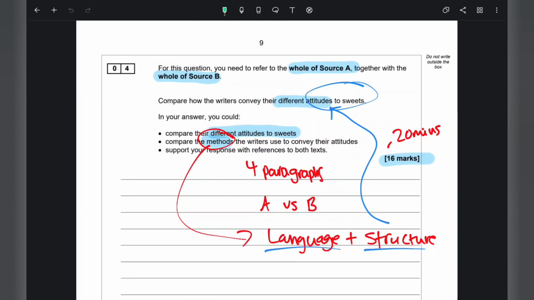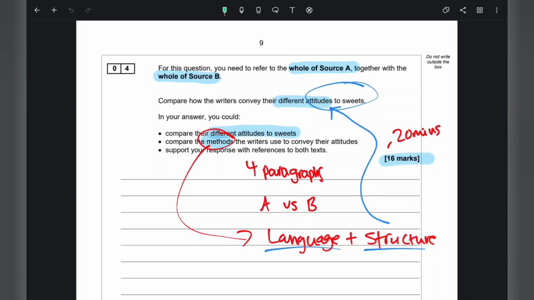And question 4, I've spoken about this many times. You are comparing the writer's perspectives here, the viewpoints. So one could be, for example, the writer in source A is optimistic, is positive towards sports, whereas in source B, the writer has a pessimistic attitude towards sports and reiterates the harsh realities of sport and the corruption that comes with it.